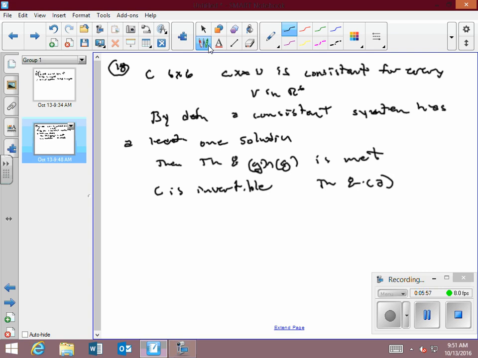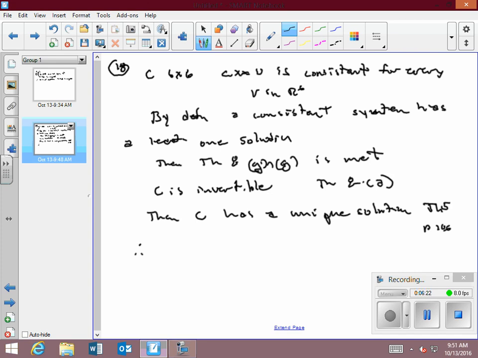And then C has a unique solution, and this is theorem 5, and that's on page 106.